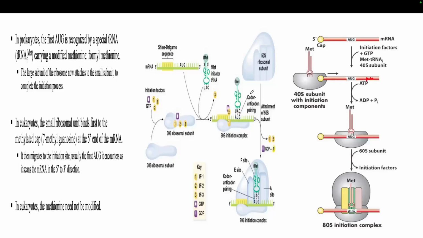In the case of the prokaryote, here you can see this is the mRNA and this is the AUG. The formyl methionine initiator tRNA will come and base pair with this mRNA.